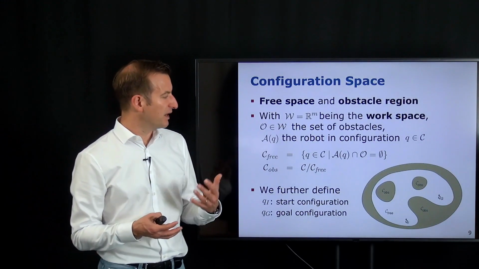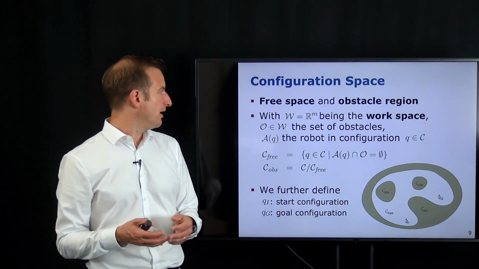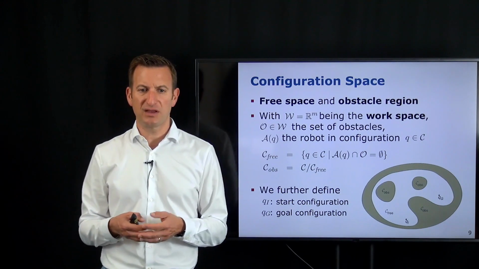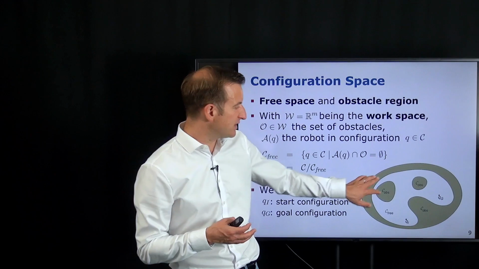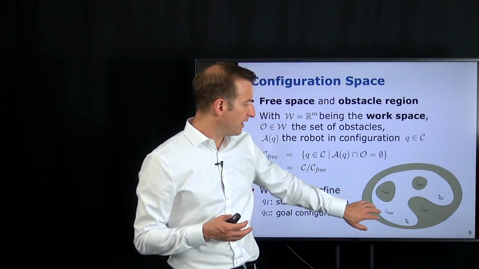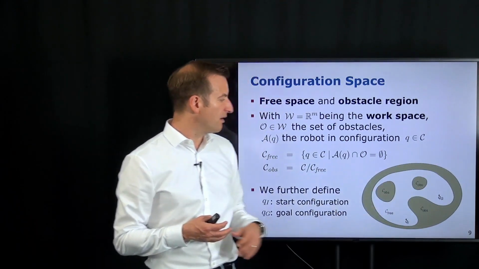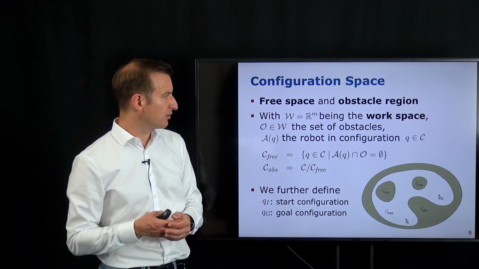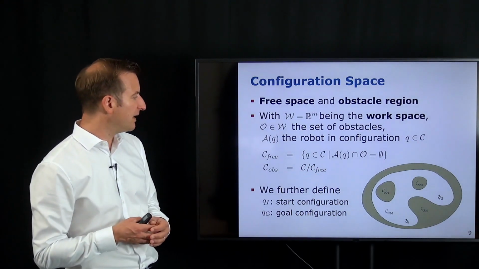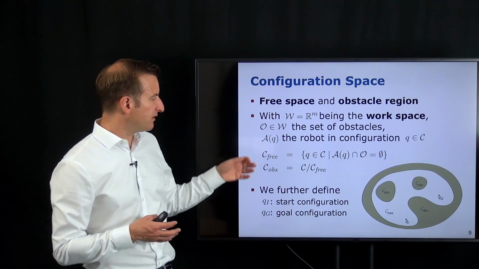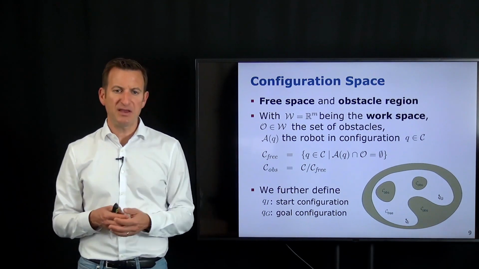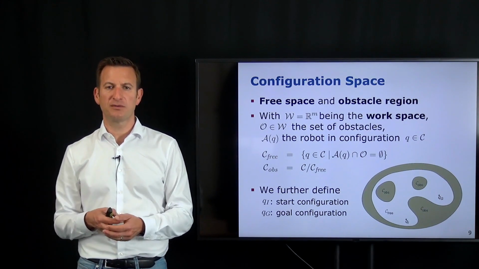So we can describe this also a bit more formally, looking into the free space and the obstacle regions. We have certain regions which are here represented by obstacles, and we have certain regions that are free space, here illustrated in a continuous space. Then we can say what is the free space and what is the occupied space. The free space is basically the space in configuration space, so all possible configurations.